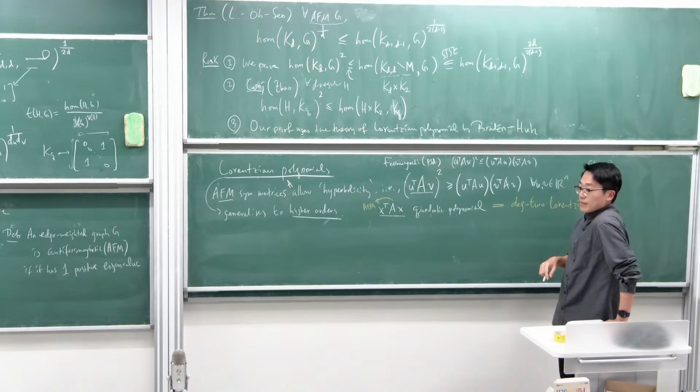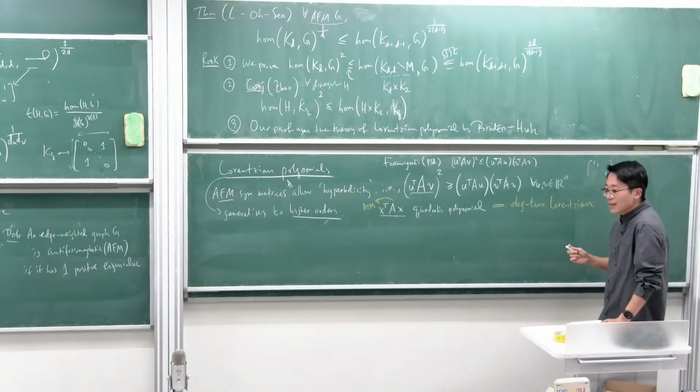So if A is both antiferromagnetic and positive semi-definite, meaning ferromagnetic, then the equality holds. Yeah, that's what you observe. Can I move on?